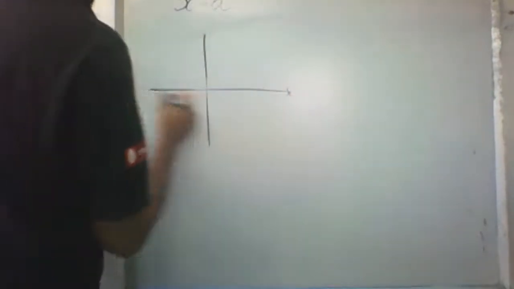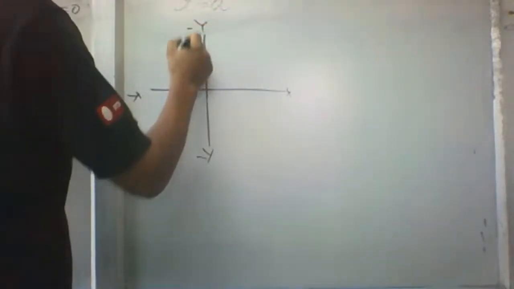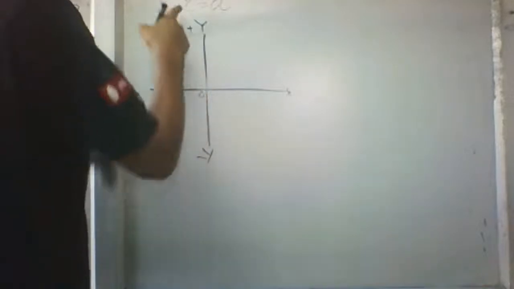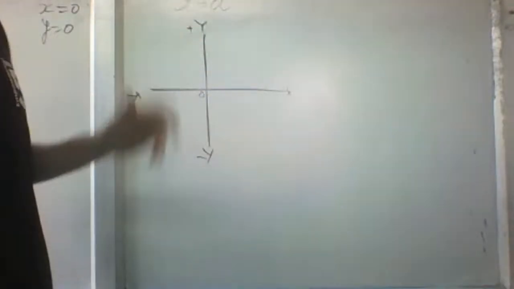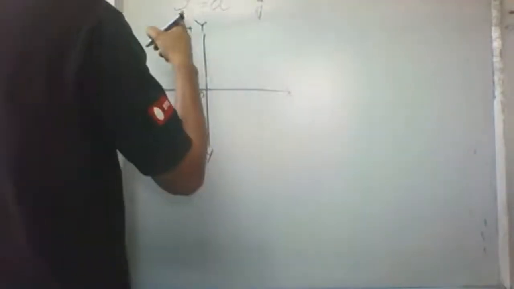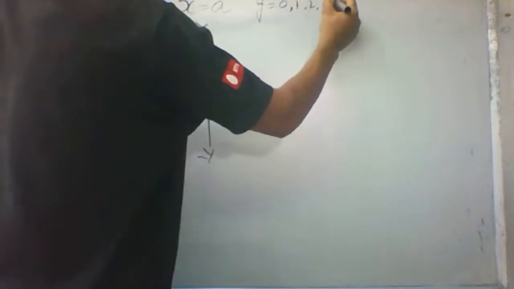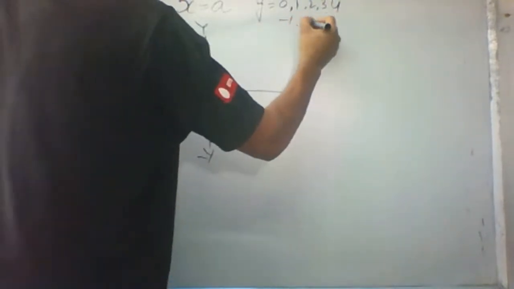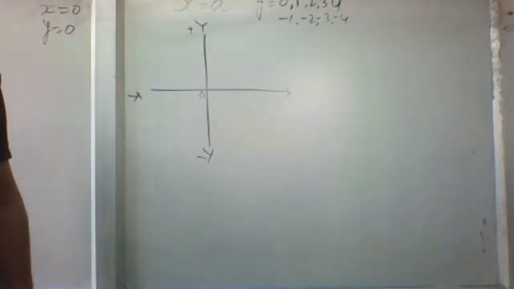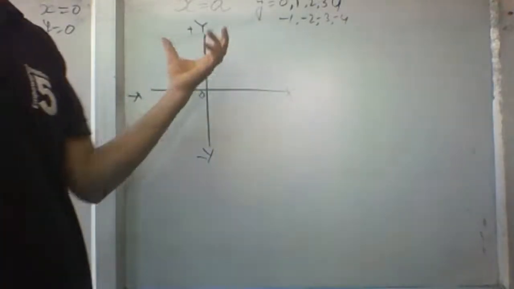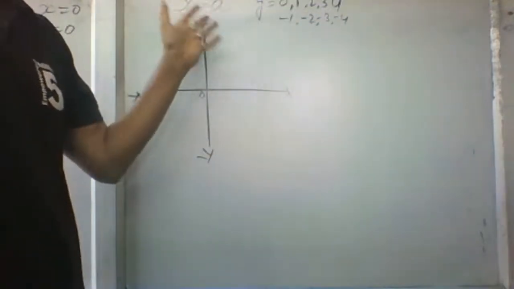This is the graph with the negative x value, positive x value, negative y value and positive y value. This is the origin. I am saying x is equal to a. If x is equal to a, y can be 0, 1, 2, 3, 4, minus 1, minus 2, minus 3, minus 4, anything. If y is not mentioned in the graph, y can be anything, but x is mentioned as a.